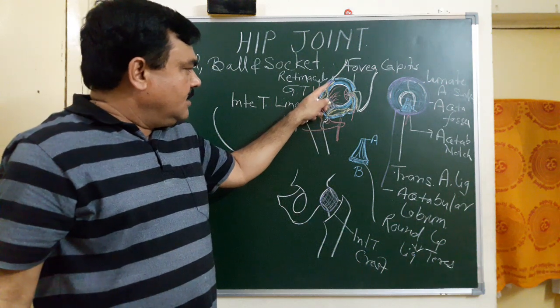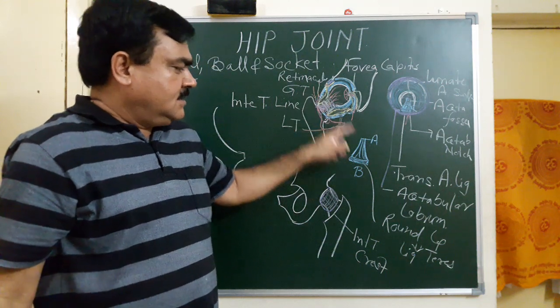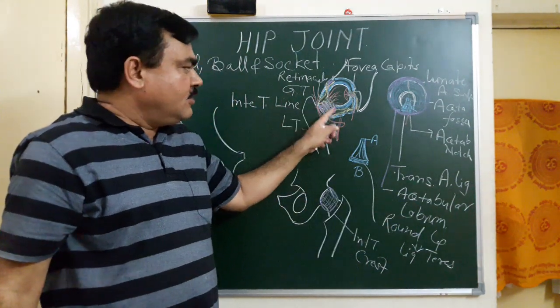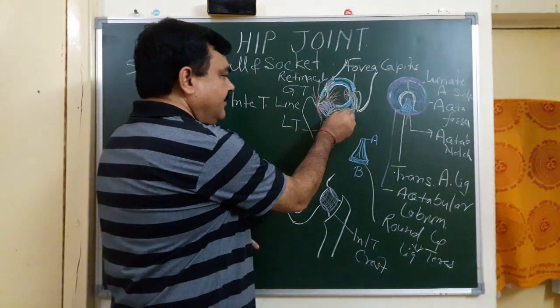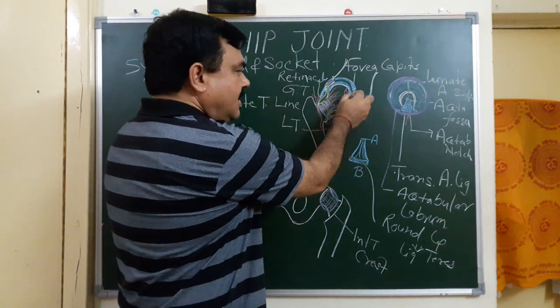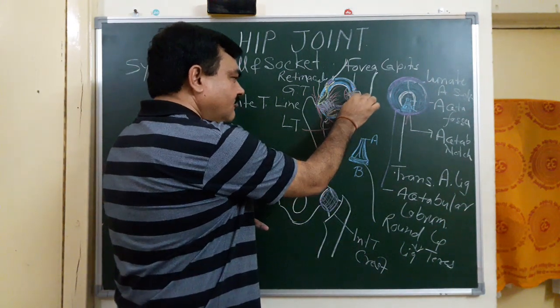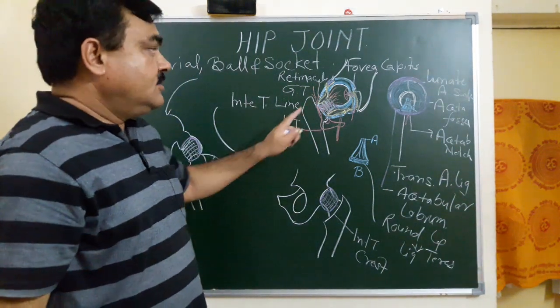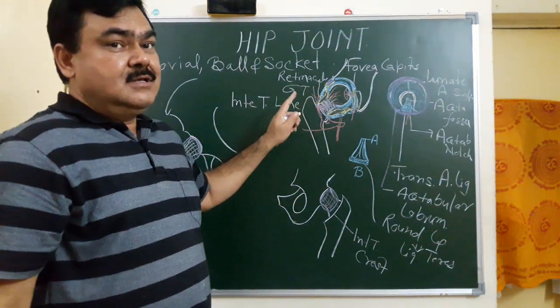Here also it covers some portion of the acetabular labrum, here and here. Also it covers the round ligament and it covers the acetabular fossa. So this is the synovial membrane.